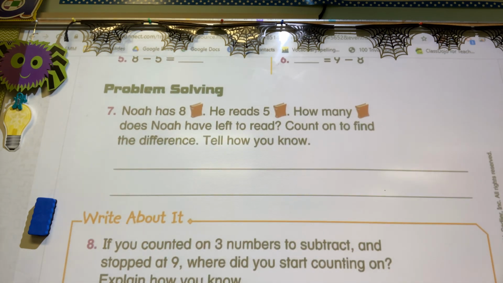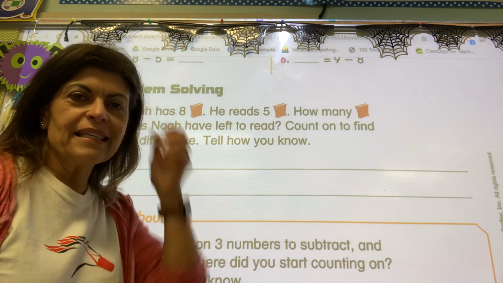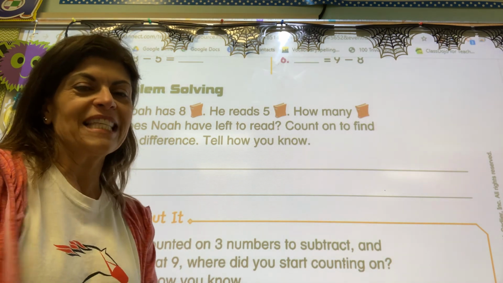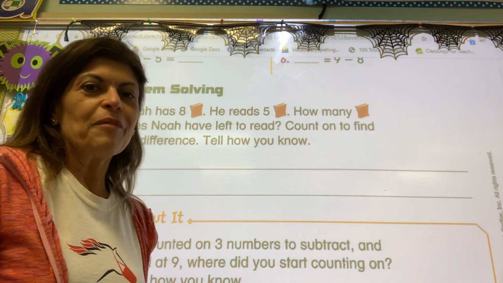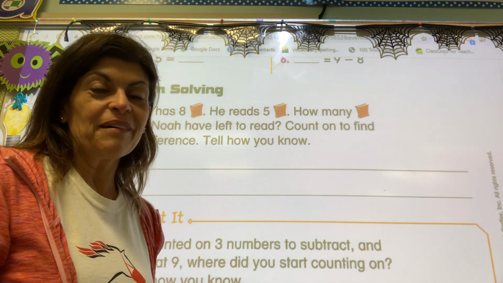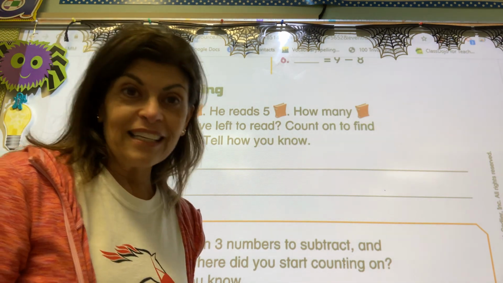Problem solving for number 7, and then number 8, write about it. So if you have any questions, let me know, and we can go over this again. I can give you some more problems, but just think of counting on. So you're adding to subtract. It almost sounds like you're doing it backwards, doesn't it? But it's all related, isn't it? So have fun doing this, and we will see you later. Bye.